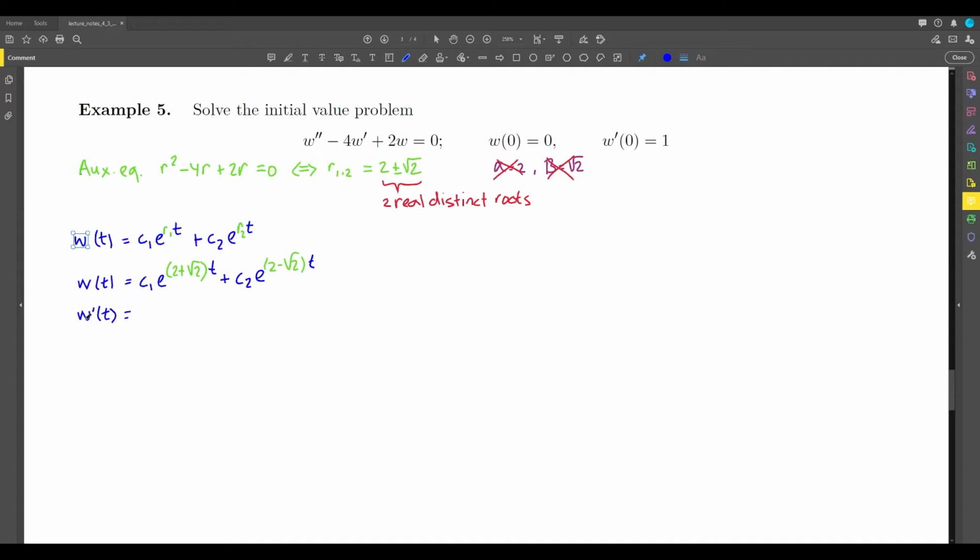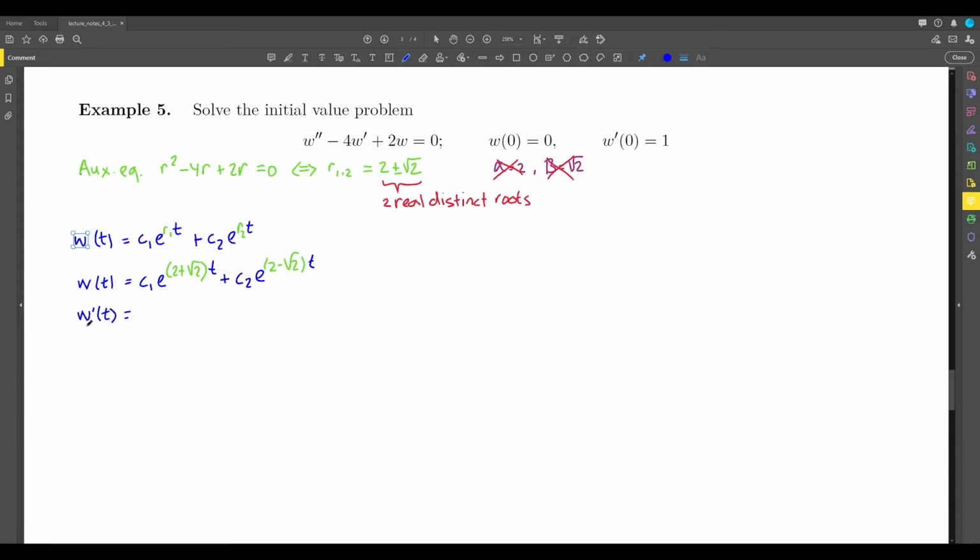And the derivative here we can find by just using a chain rule. So the derivative of this expression is just e to the power 2 plus square root of 2 t. But because of the chain rule, we'll have to multiply by the derivative of the inside of the exponential function, and the derivative of a linear function is just the value in front of that t.